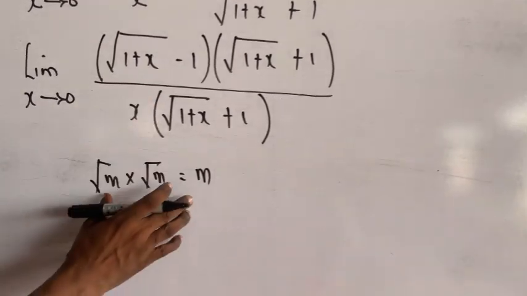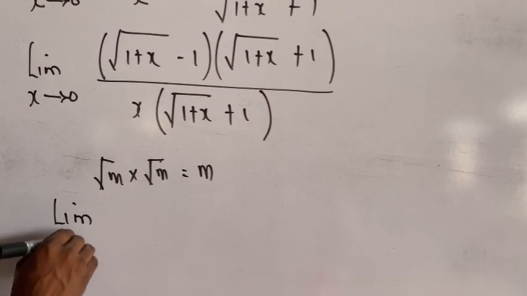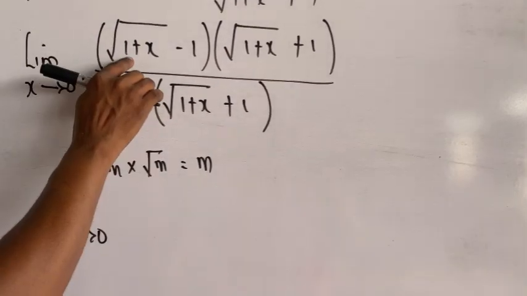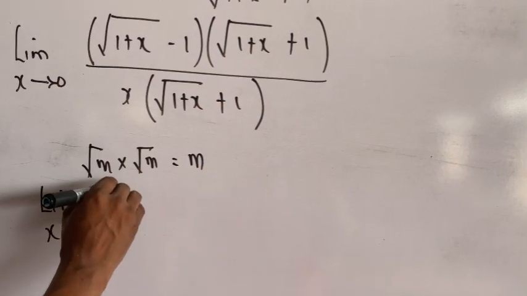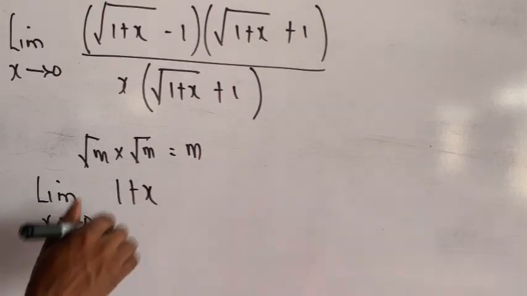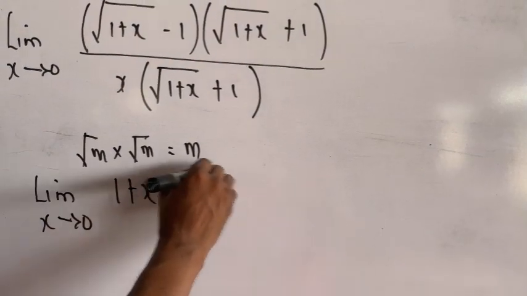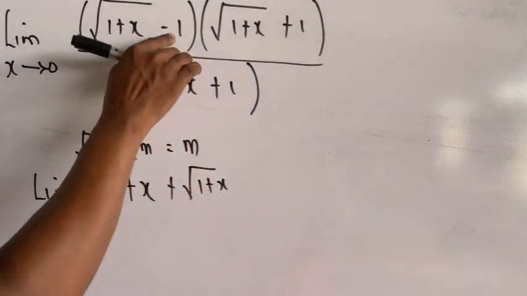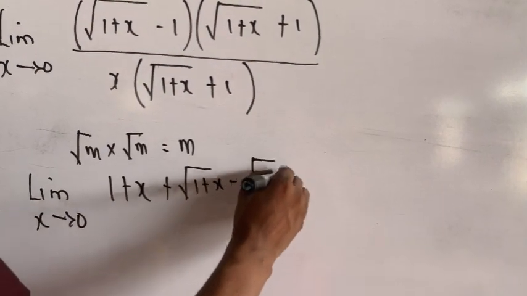If I apply this knowledge, I'm having the limit as x tends to 0. If you multiply these two, they are the same according to this law of surd, so I'm just left with 1 plus x. Root 1 plus x multiplied by 1 gives root 1 plus x. Minus 1 multiplied by root 1 plus x gives minus root 1 plus x.